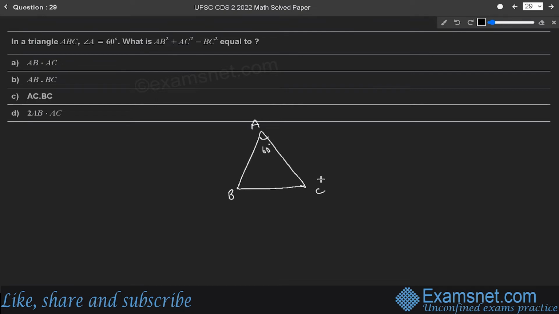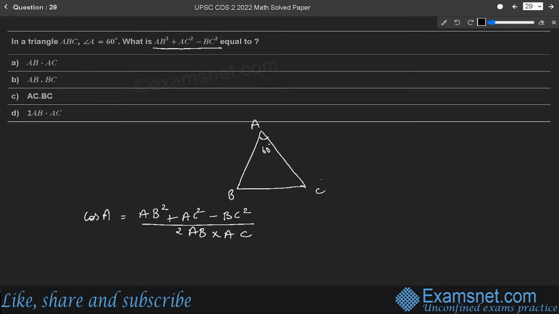See, in this question, by looking at this term, we can say that we have to use the cosine rule. Cosine rule is cos A is equal to (AB square plus AC square minus BC square) upon 2 into AB into AC.